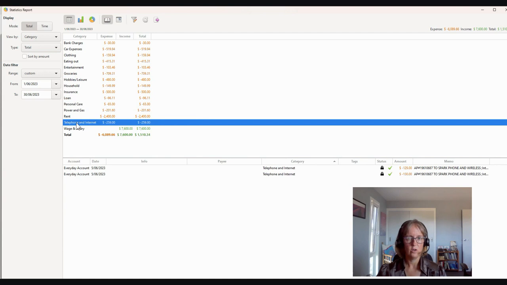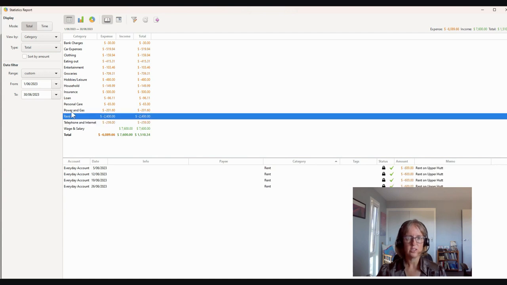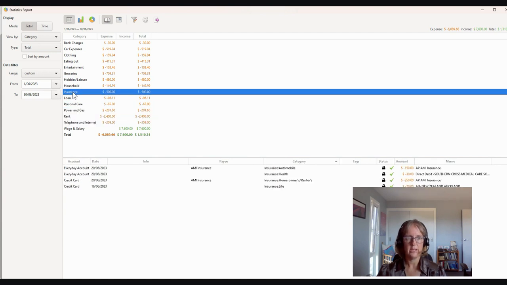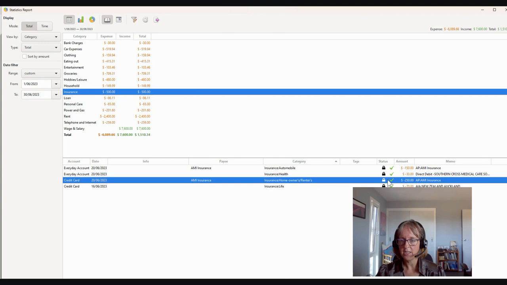Mostly it's going to happen in things like insurance and car expenses or home maintenance. You can see here that they actually had a larger amount of insurance go out that month to AMI for home or contents insurance. So we might want to exclude that just to get a better idea of what we could have saved if we hadn't had that bigger expense.